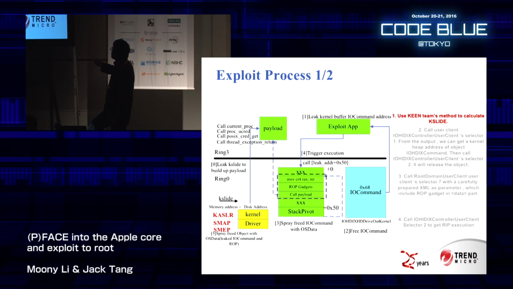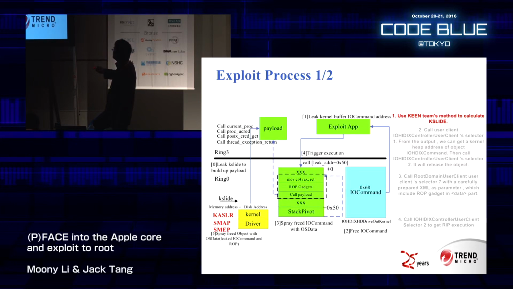And finally, we will use our third vulnerability to execute the leaked address plus an offset. Then it would call the stack pivot. The stack pivot would change the stack to the ROP chain.